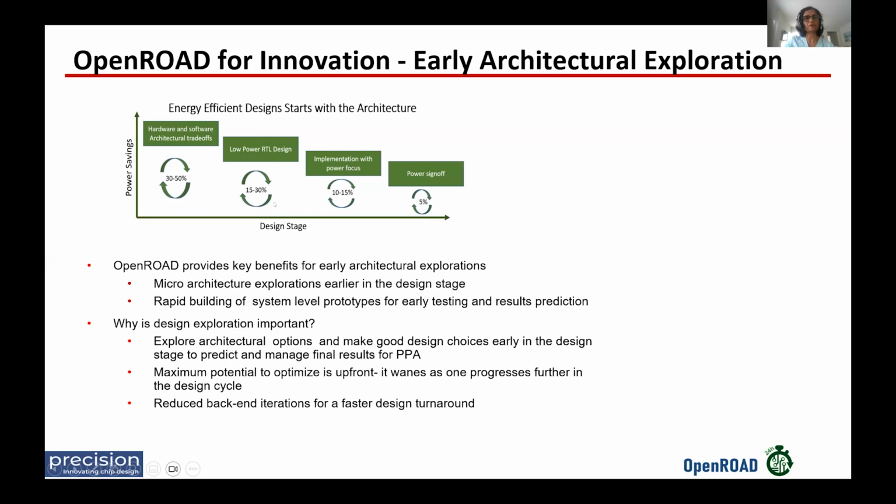And as you progress further into the design flow, as I showed earlier, past physical design, it becomes increasingly difficult. The levers are fewer to be able to make radical changes for your design parameters. And it is also far more expensive to keep iterating in the back end.